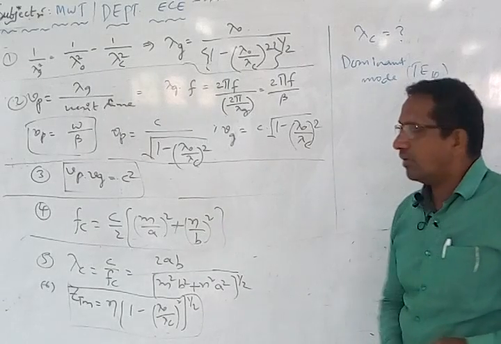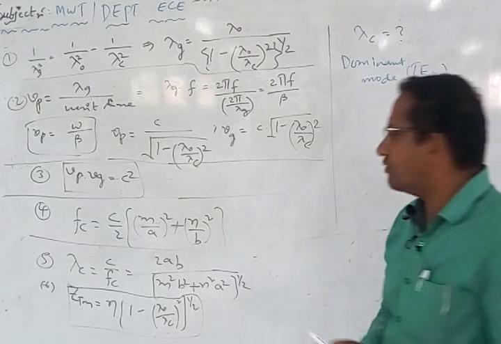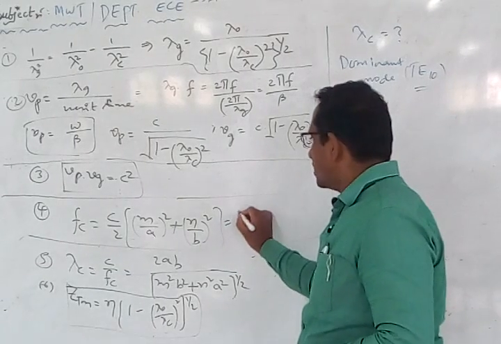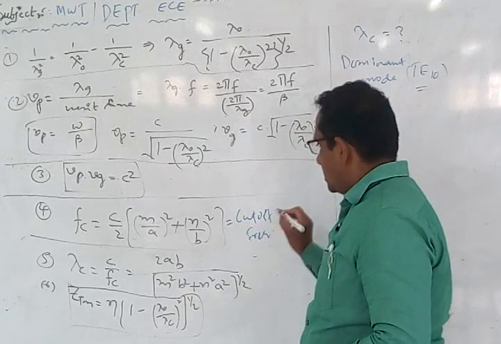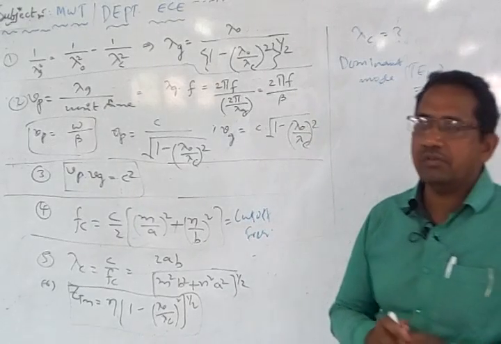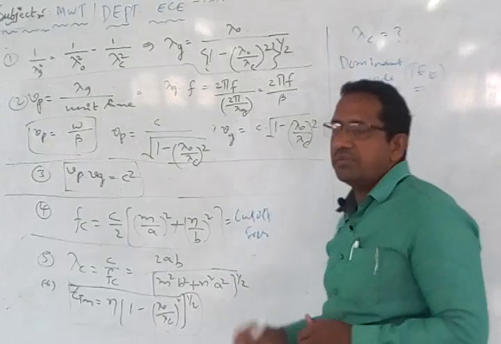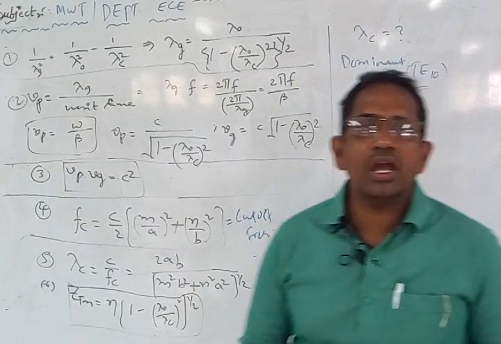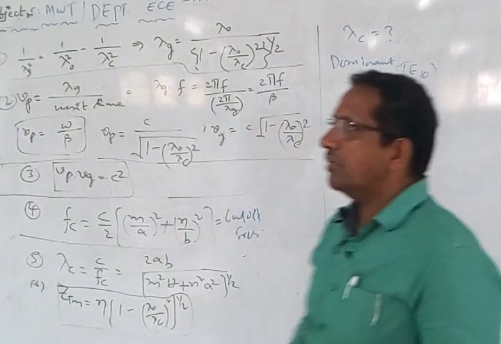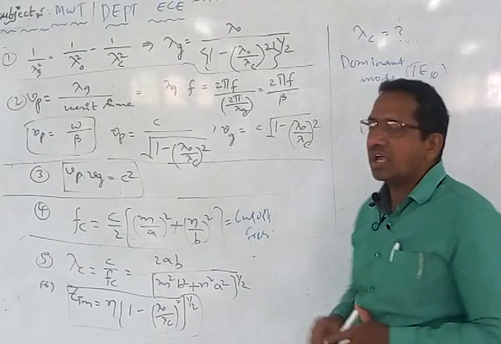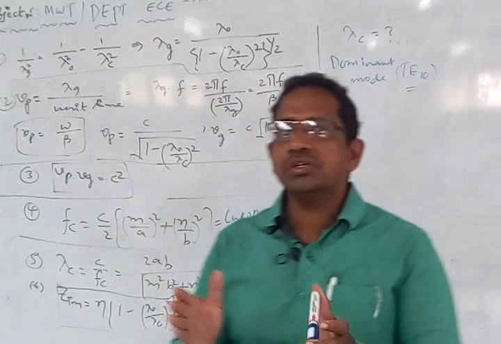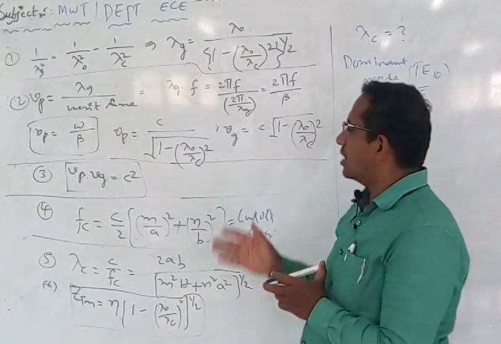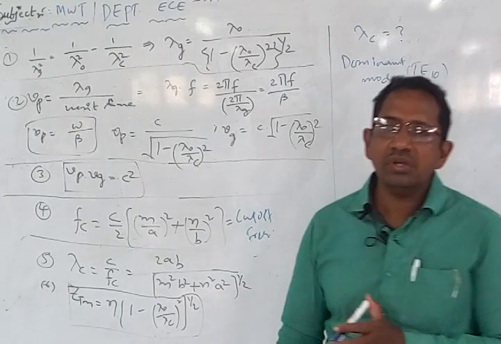Then next we have the equation for the cutoff frequency, the cutoff frequency of a wave in a waveguide. We discussed in the previous class that a waveguide acts like a high pass filter. So whenever a waveguide acts like a high pass filter, we should find its cutoff frequency, below which no frequency component gets transmitted through the waveguide.